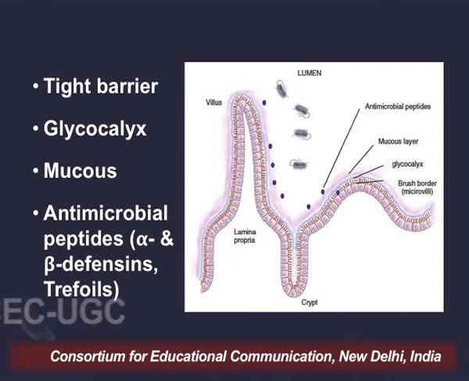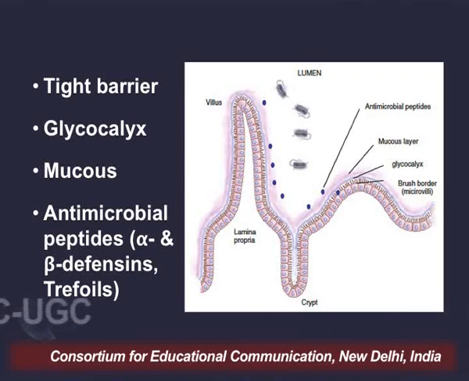Now this barrier is also supported by a deposition of glycocalyx. Now this glycocalyx is nothing but a mixture of glycoproteins and polysaccharides. Now on the outer side of this barrier is present the mucus, which is secreted by the goblet cells, as I've already discussed.